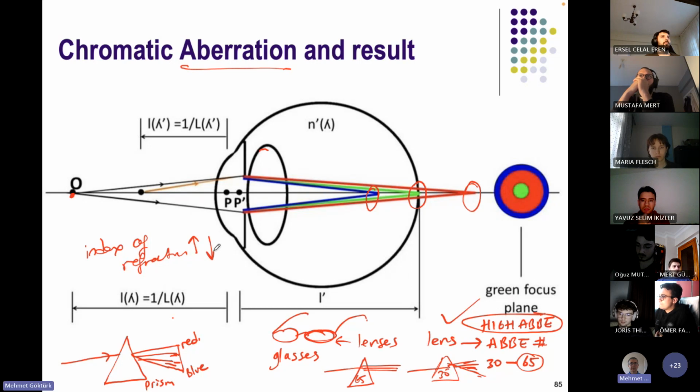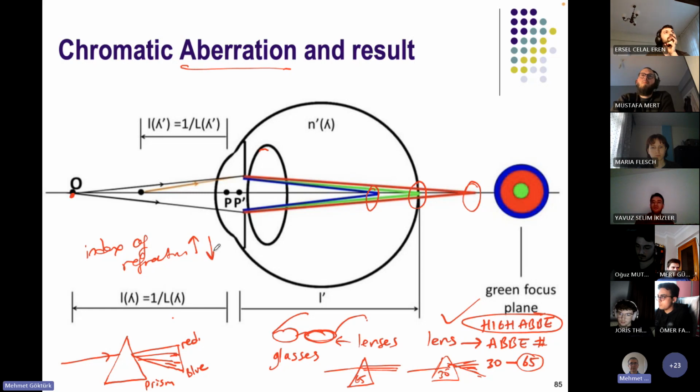This is extremely significant in telescopes. When you purchase cheap telescopes, even the expensive telescopes, when you look at the moon or stars, you see some rainbow colors. Do you remember? Those rainbow colors are due to this aberration effect, and our eyes also suffer from the same phenomenon.